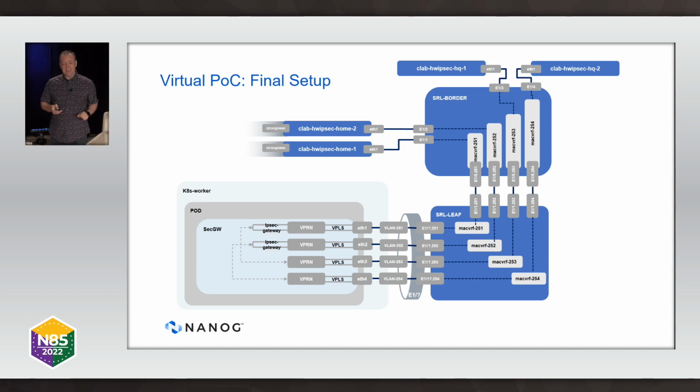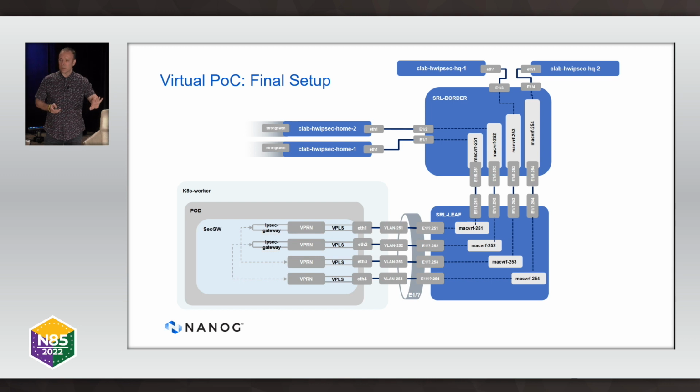This is the full topology that we created through the controller via GNMI. We created the security gateway, the VPRNs. We created this for different organizations, for different users. We did everything at the border leaf and also at the leaf that is directly connected to the servers.